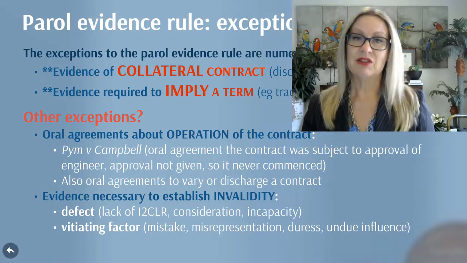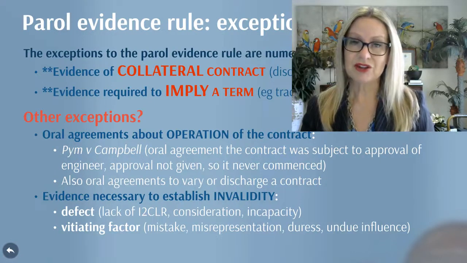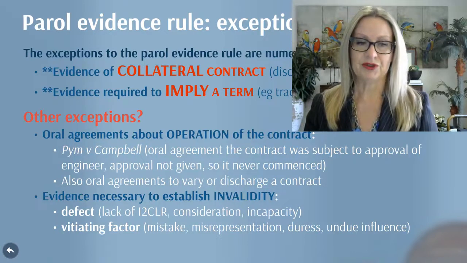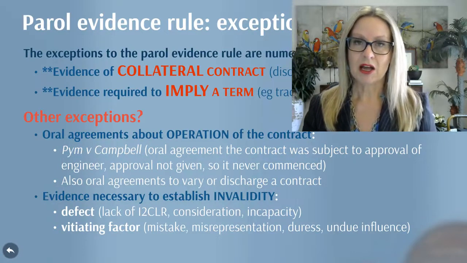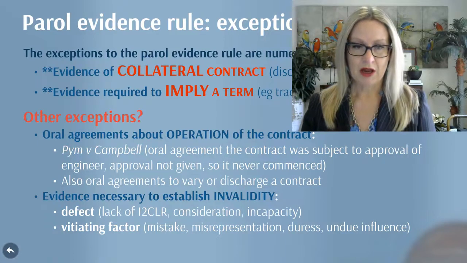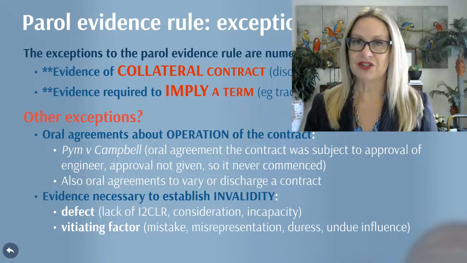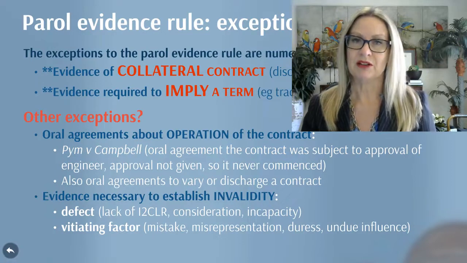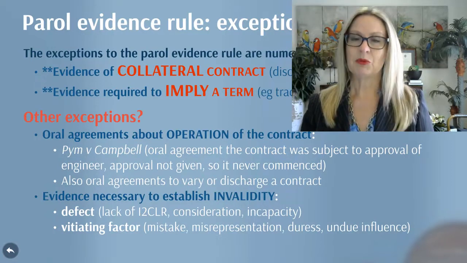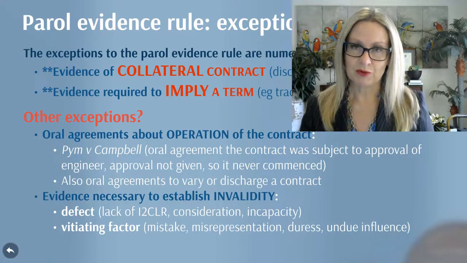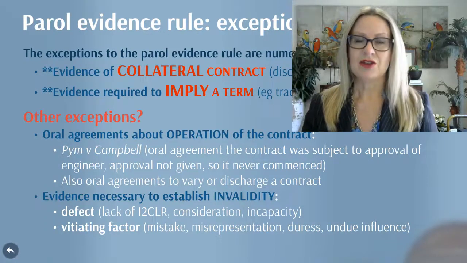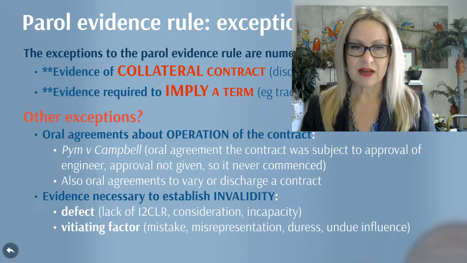And you'll be looking at this range of issues later on in contract law. Some of them we've come across already. So where you've got a defect like lack of intention to create legal relations, or lack of consideration, or some kind of incapacity on the part of one or more of the parties, you can introduce evidence to show that.